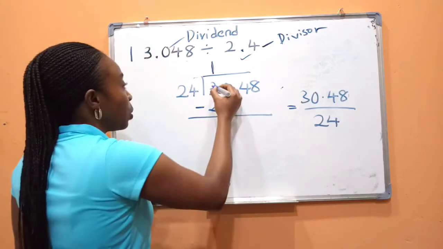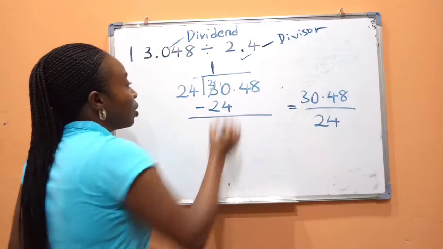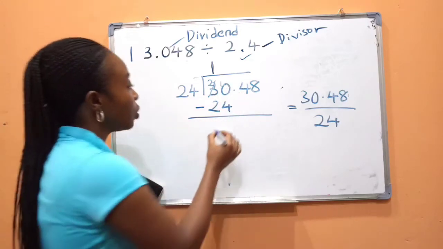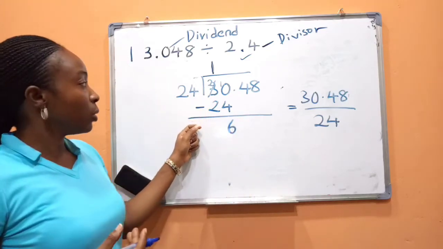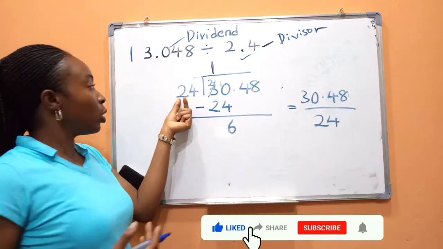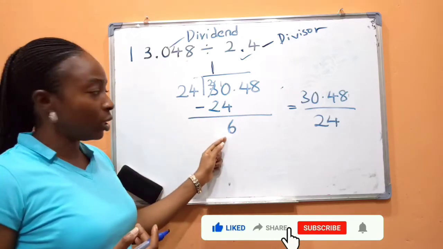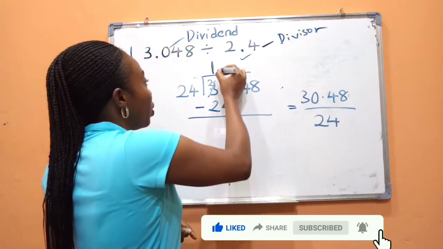And by the time we subtract it, we are going to have 10 minus 4 gives us 6, alright? And then 2 minus 2 gives us 0. Now, if we say 6 divided by 24, it's not going to work because 24 can't go into 6. So the next thing we are going to do is to put a point here.